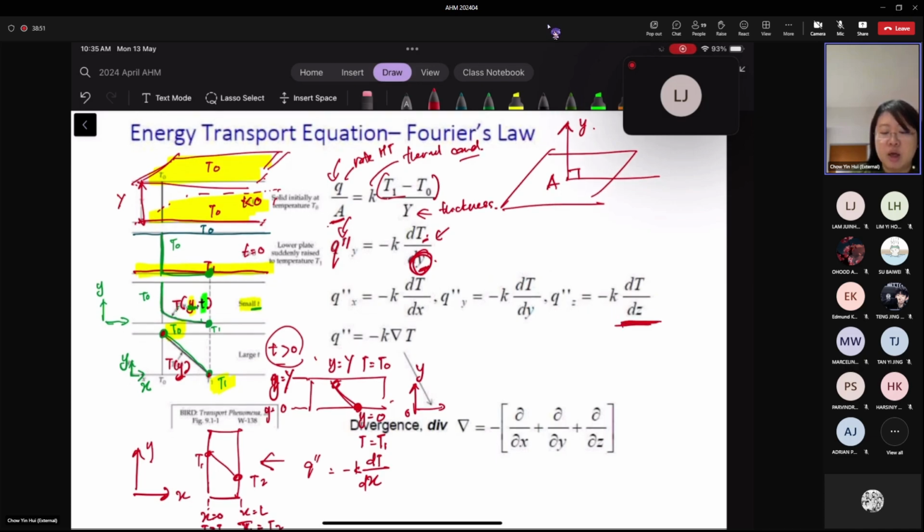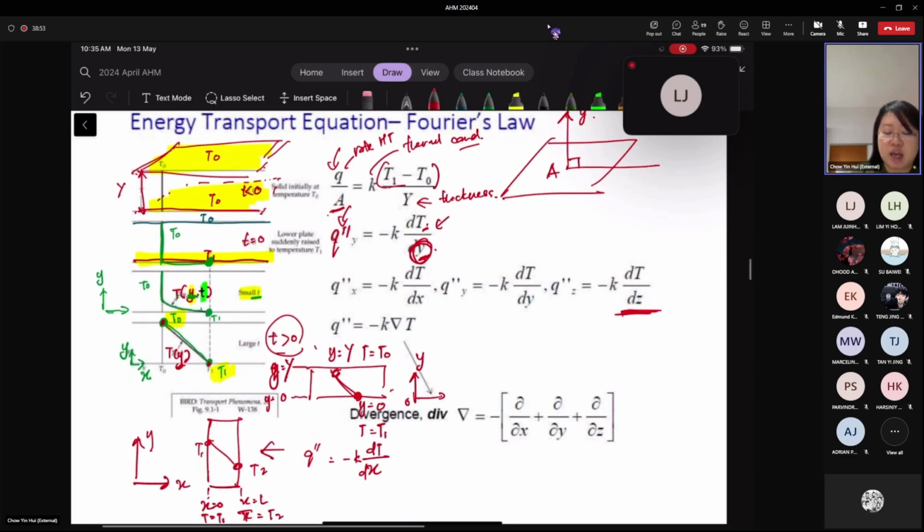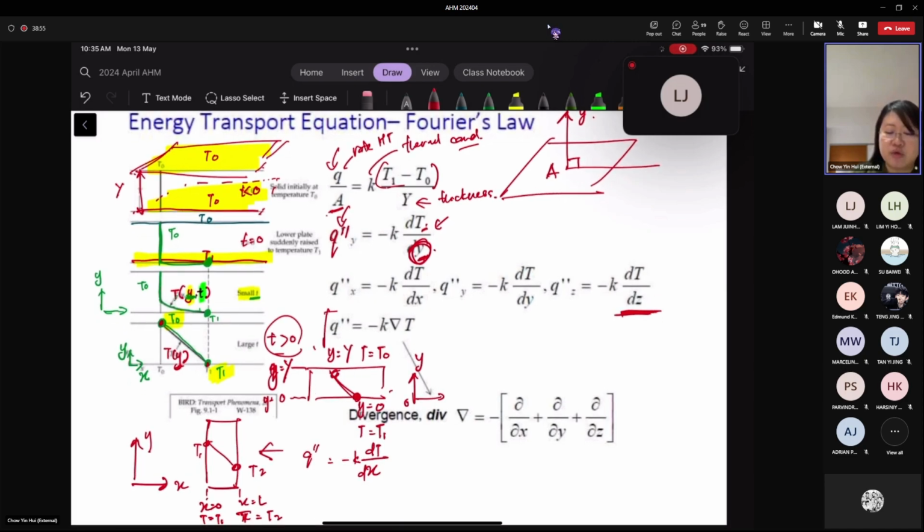If you have temperature varying in all three directions, then it can be expressed as negative k times the del operator of temperature.